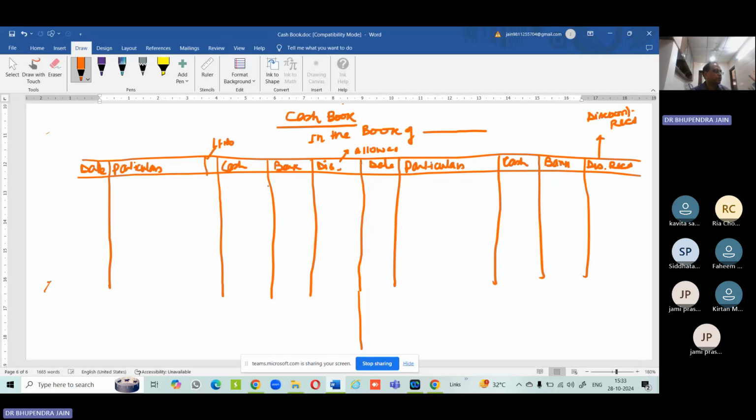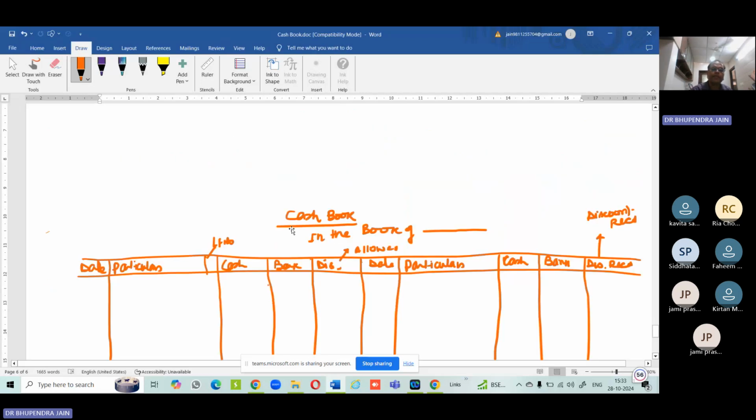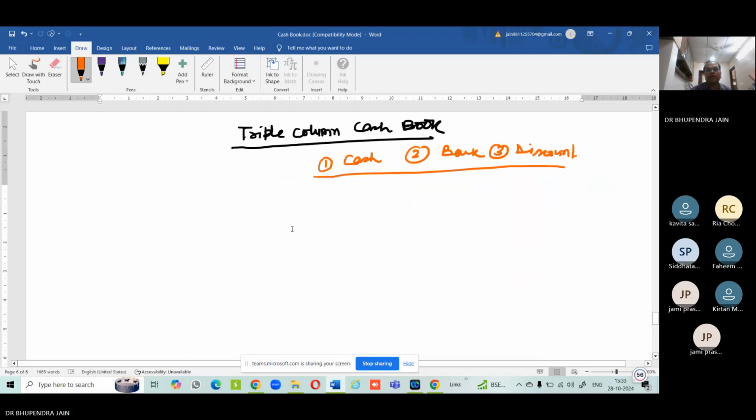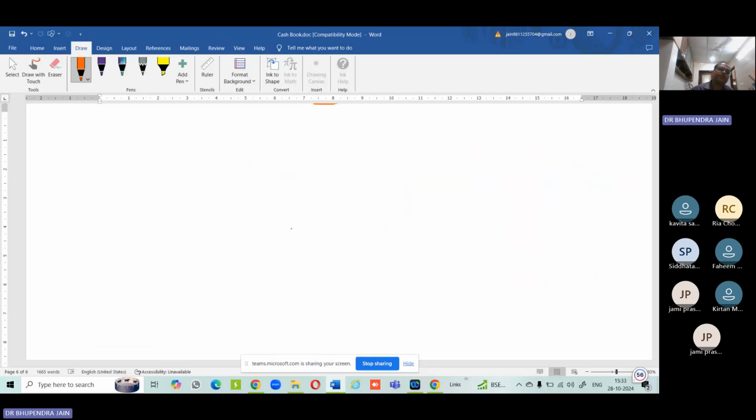And this is the discount amount. So the total number of columns is 5 on both sides. Just an example. Some small transactions are given in this example.